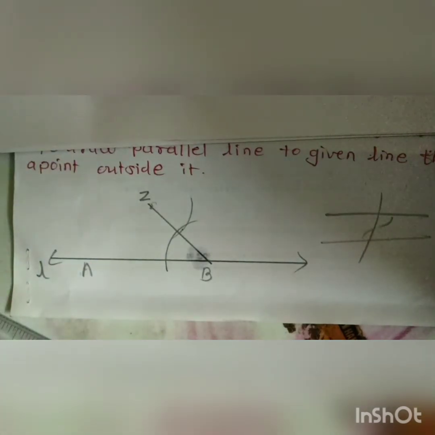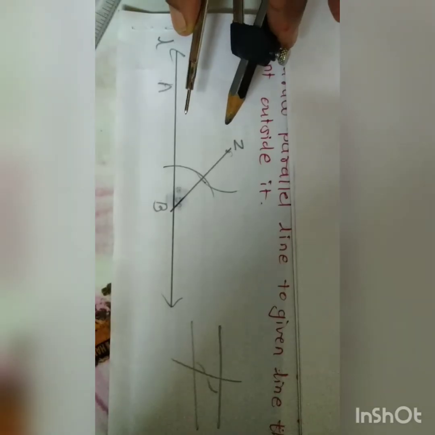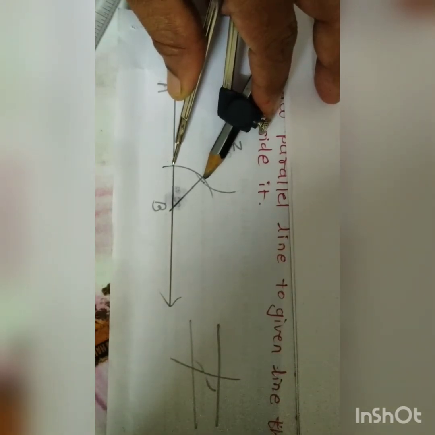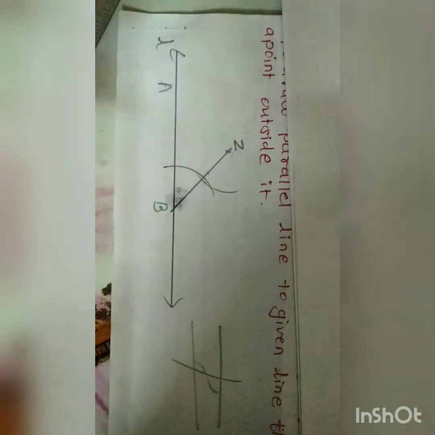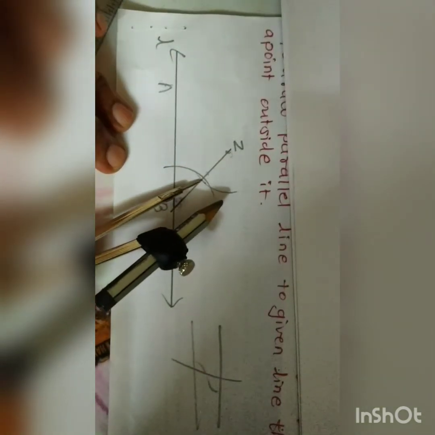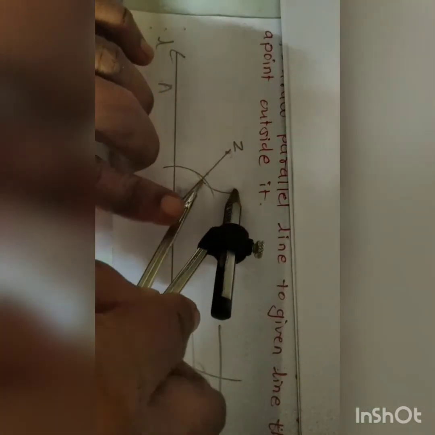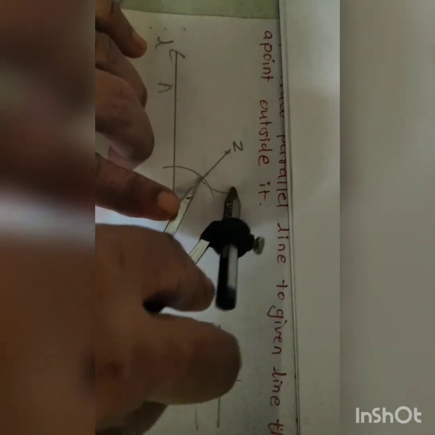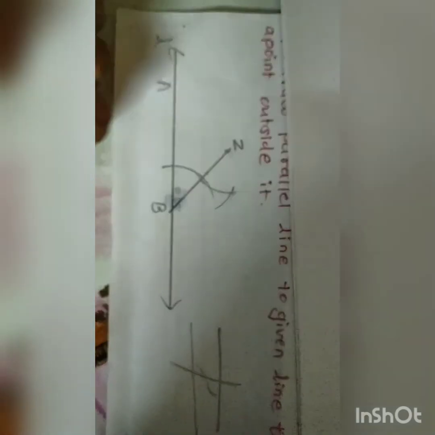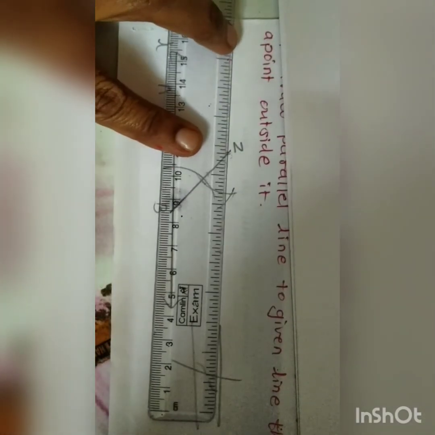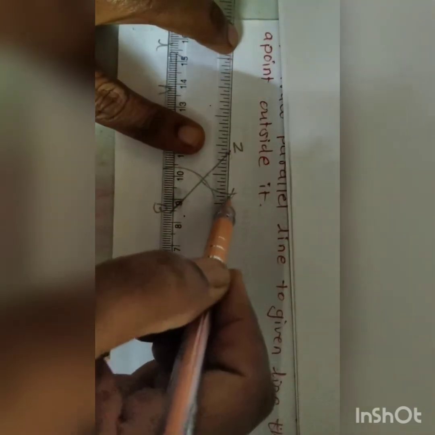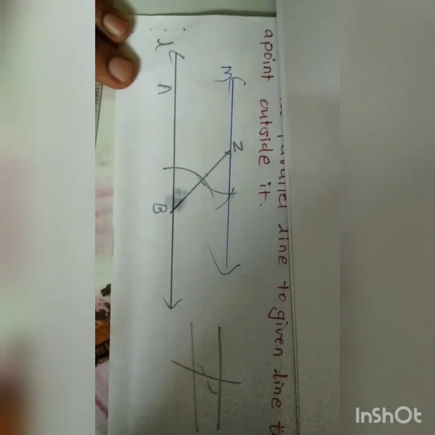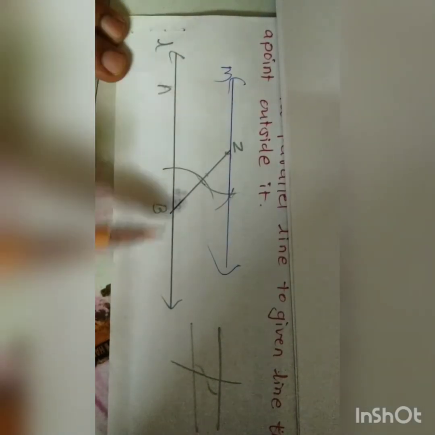Remember which arc is from Z and from B. Measure this distance, and also put your compass on this point and construct an arc intersecting the previous one, and join this point and point Z. This line M is parallel to the line L.